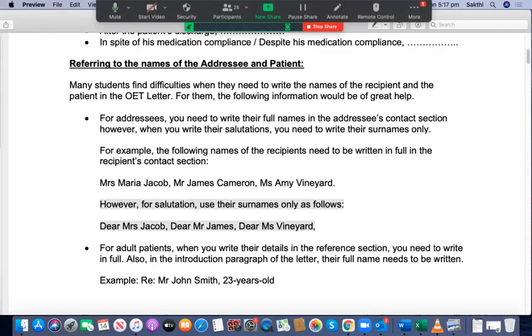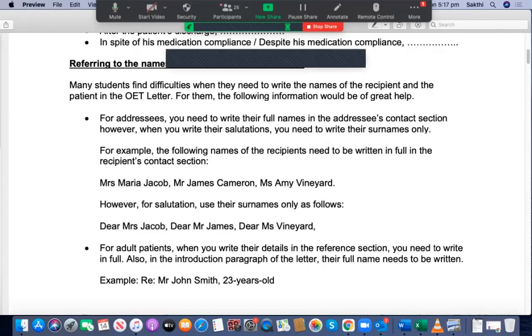For Maria Jacob, we write Dear Mrs. Jacob. For Mr. James Cameron, we use Dear Mr. James. Sorry, Mr. Cameron. That was a mistake. It should be Mr. Cameron, so you write only the surname. And then Dear Miss Wynyard.